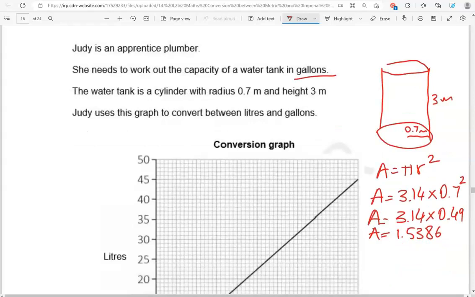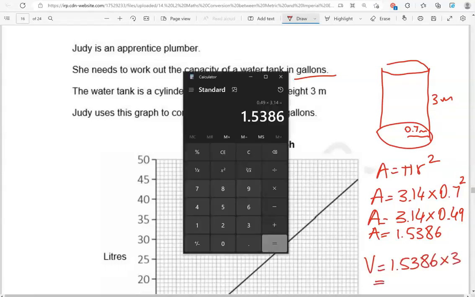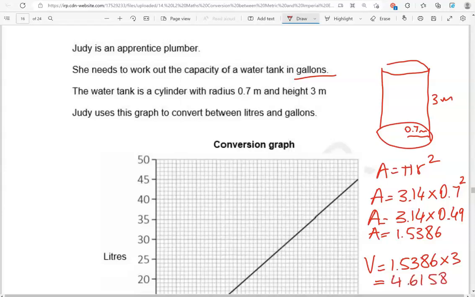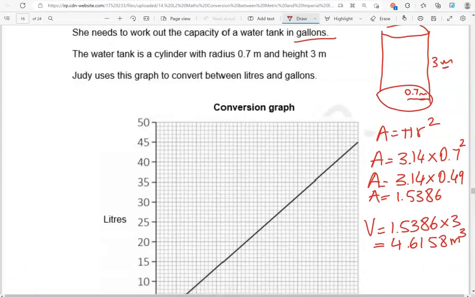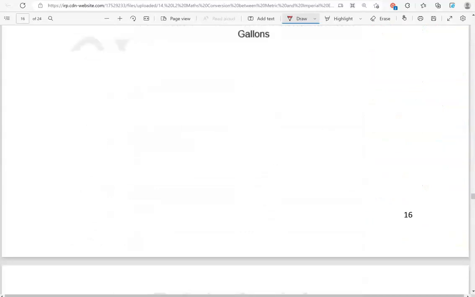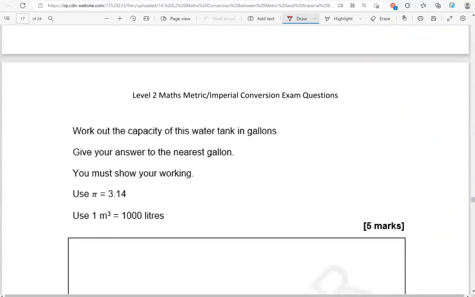Now we need to multiply it by 3, the height, to get the volume. Times 3 gives us 4.6158. That is cubic meters, because we input meters. Now, we're given that 1 cubic meter is equal to 1000 liters.